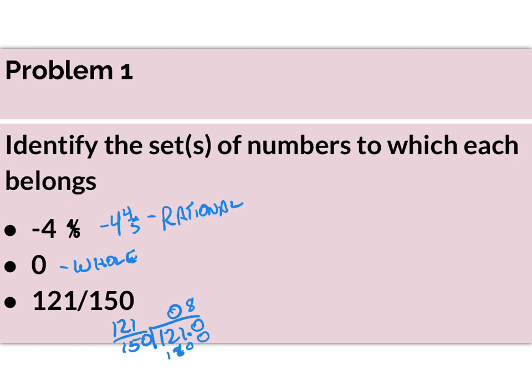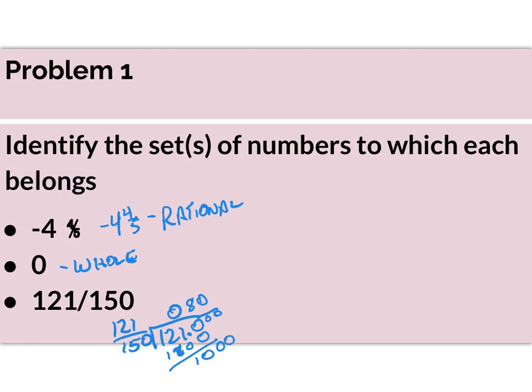And 12. Carry the 4. Okay, 1200. So that gives us 10. We add a 0. 150 goes into 100 0 times. So we add another 0.